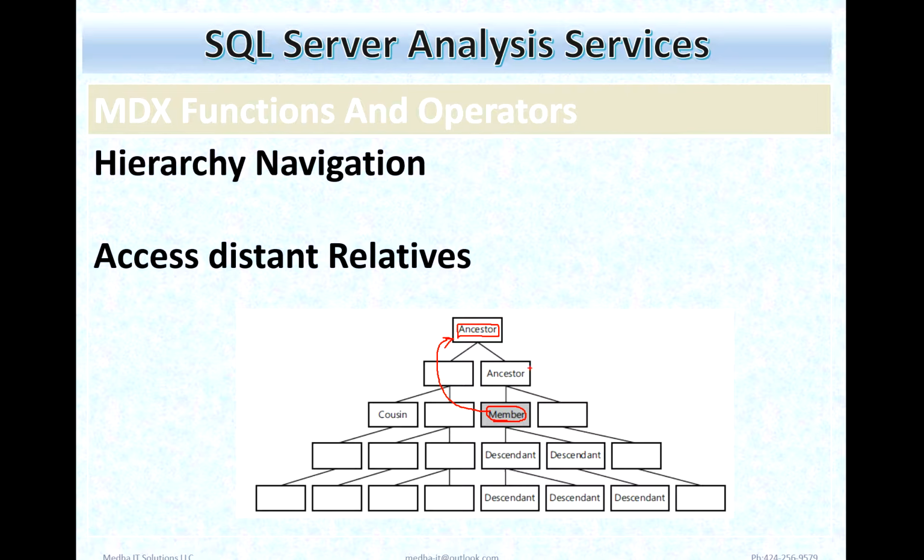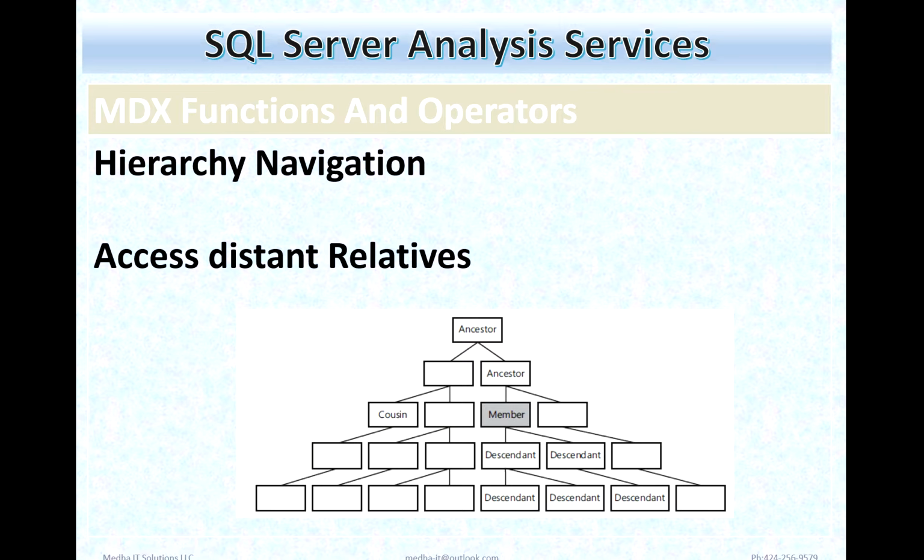But in the case of ascendants, you can get all the parent members, that means parent, grandparent and all, until the level you specified. That is the difference between ancestor and ascendants. Ancestor returns only the member at the specific level you requested, whereas ascendants gives the total hierarchy till the level you wanted.